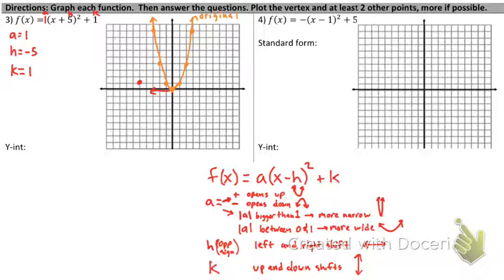So we shifted left 5 and then up 1 from our original vertex. So from our original vertex to our new vertex.